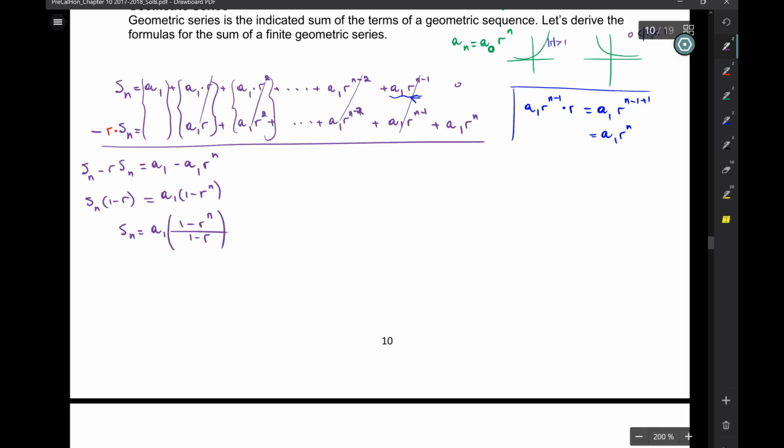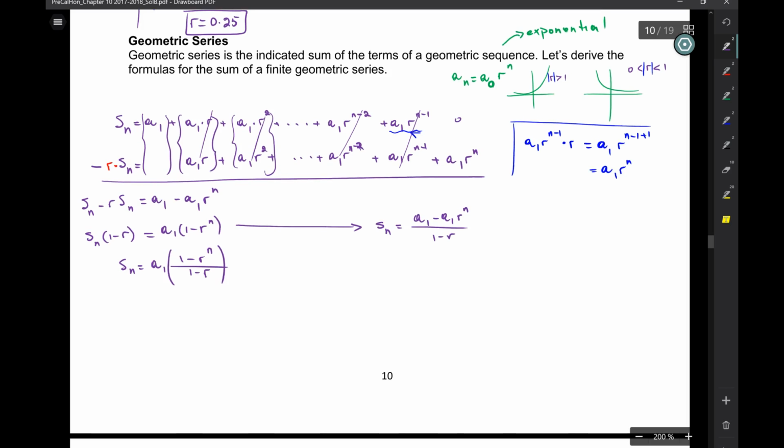So, I'm gonna take this step and I'm gonna solve it for Sn. So I'm gonna distribute the A1 as well. So A1 minus A1 r to the n over 1 minus r. Okay?